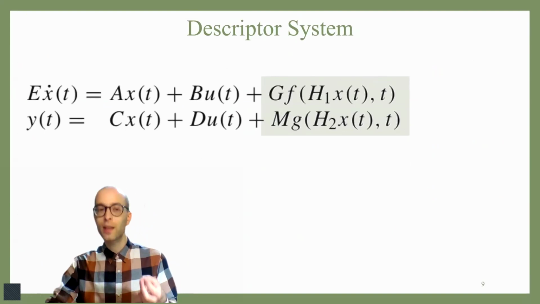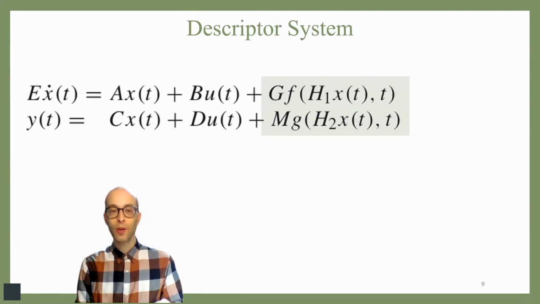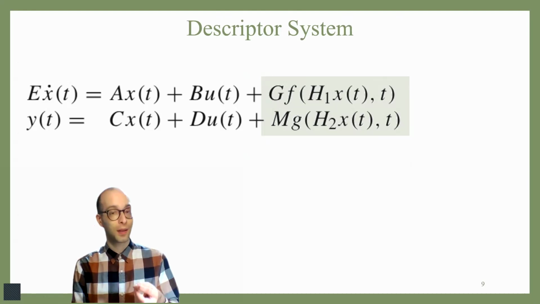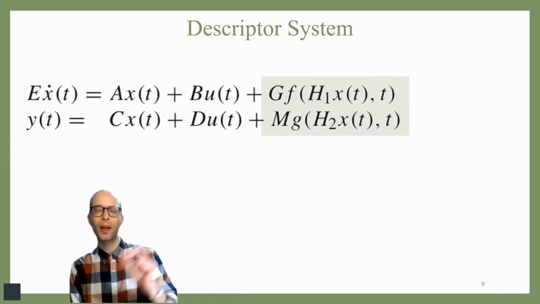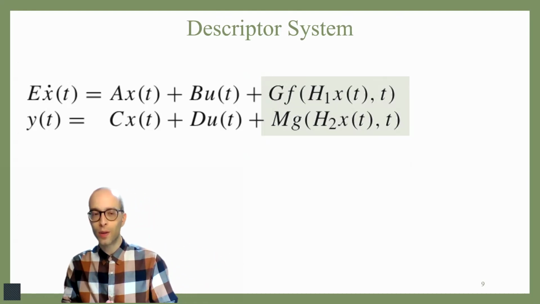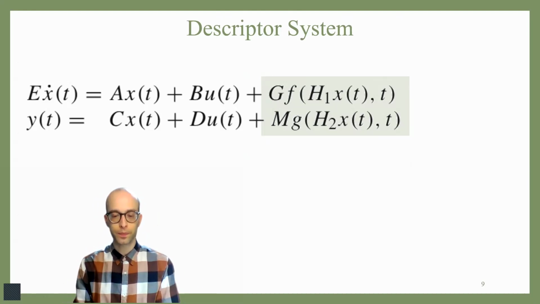Their difference is basically that we have a matrix epsilon here, and this matrix epsilon is non-invertible. Basically it symbolizes that this system is described by a series of differential equations and algebraic equations. So we have a collection of differential equations and a collection of algebraic equations. Algebraic equations means that there are no derivatives inside.